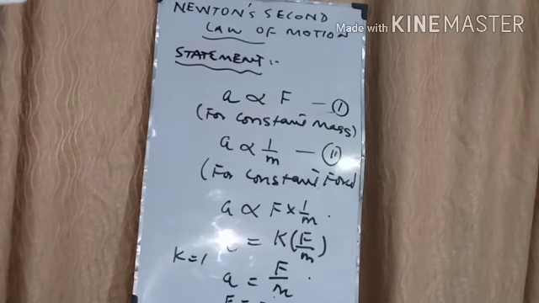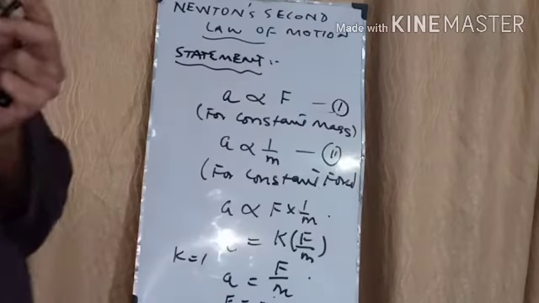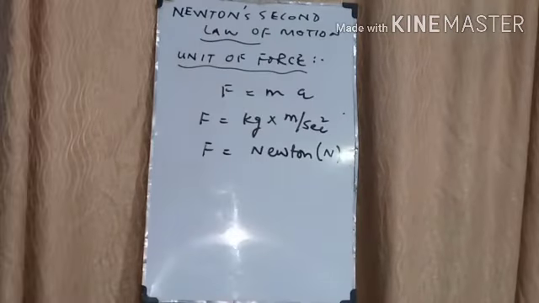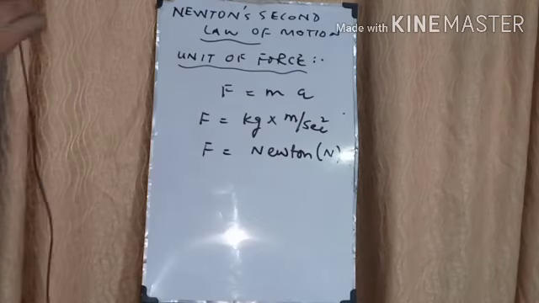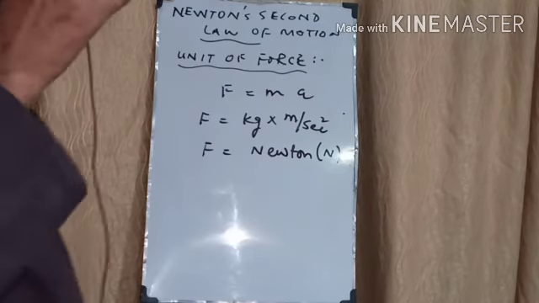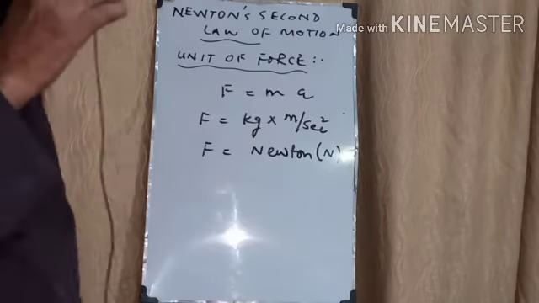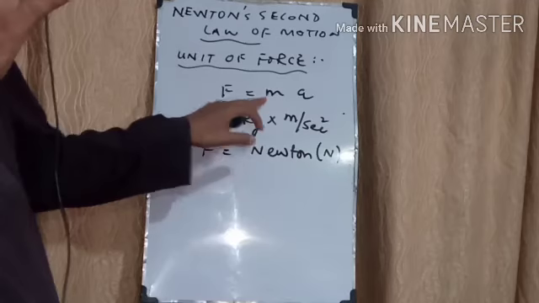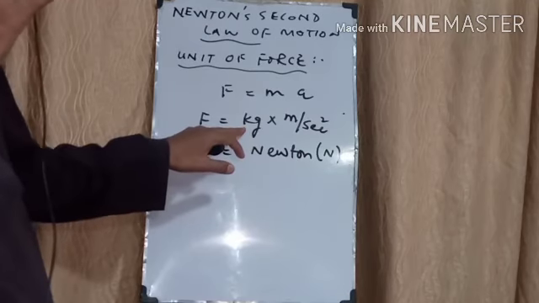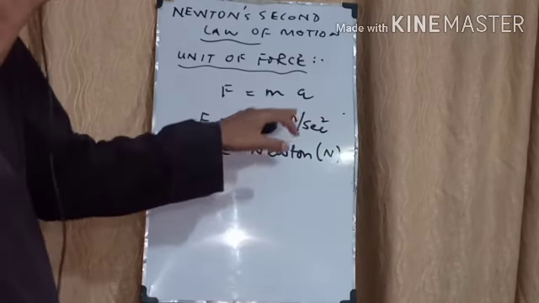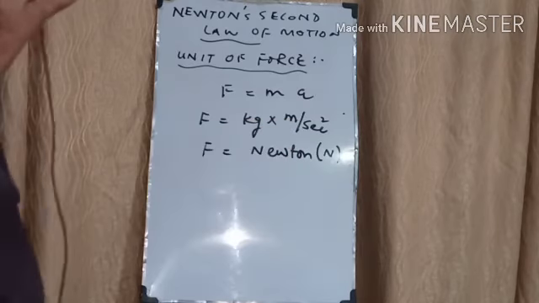This force is a vector quantity, and acceleration produced in the body is also a vector quantity. In the SI system of measurements, the unit of force comes as follows: according to Newton's second law, force equals mass multiplied by acceleration. The unit of mass in the SI system is kilogram, and acceleration has the unit meter per second square.